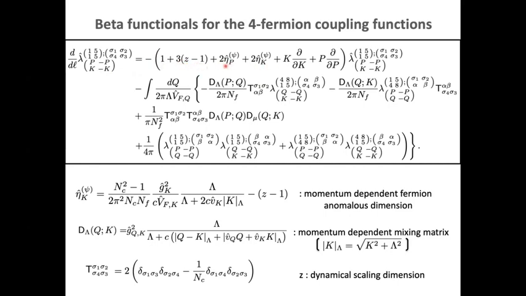And this eta is the anomalous dimension of the fermion, because this is not a Fermi liquid. The electron field acquires non-zero anomalous dimension, but the anomalous dimension is momentum dependent, right? Because the electron at the hotspot is more strongly coupled with the spin fluctuation. It has the largest anomalous dimension.